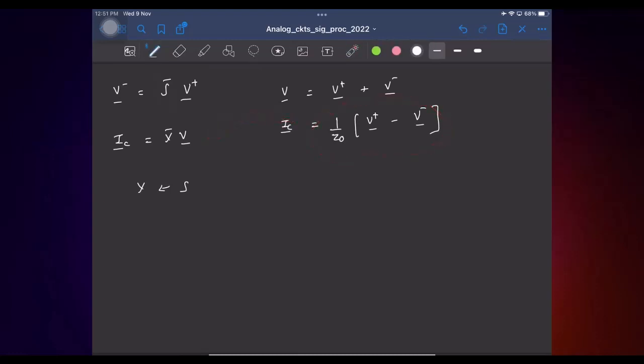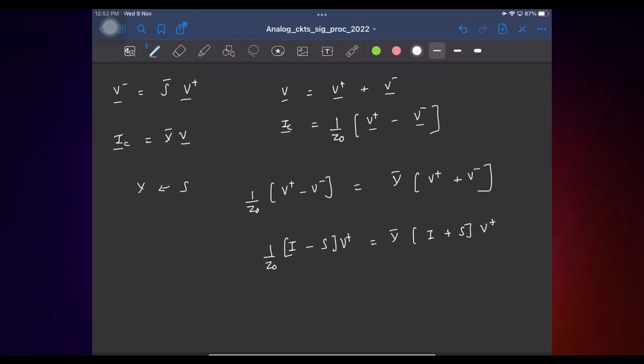So what I have is 1 by Z naught times (V plus minus V minus) to be y times (V plus plus V minus), and I know the relation between V minus and V plus. So this is going to be (I minus S) times V plus equals y times (I plus S) times V plus. Okay, fine, right? So what is y then?